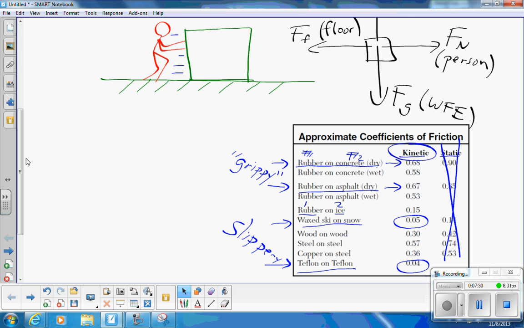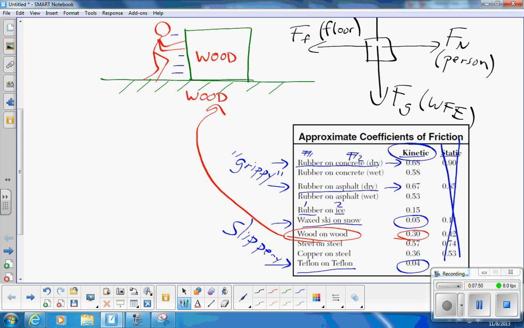So for instance, in this diagram up here, if this box is made of wood, and the table or the floor is made of wood, then if I were going to be considering the kinetic friction force between these two surfaces, I would use the wood on wood coefficient of kinetic friction. I haven't said yet what we're going to do with it, but if I see a wood box on a wood table, then I know that I'm going to be dealing with a coefficient of kinetic friction that corresponds to wood on wood.